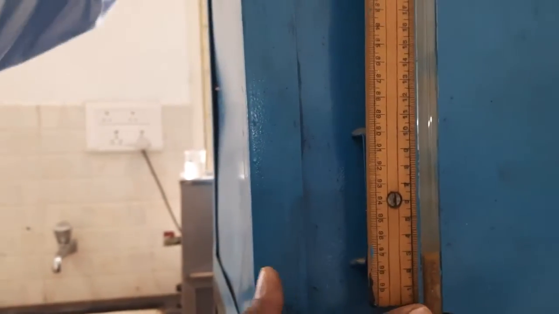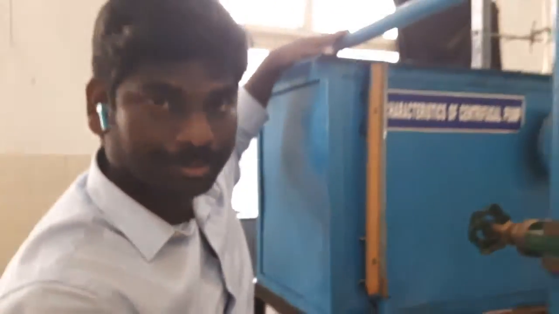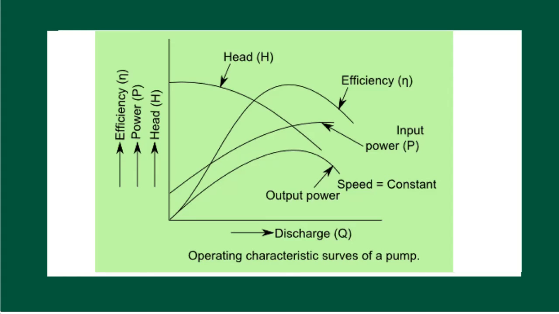After taking the readings for different volumetric flow rates for each speed of the pump, we can plot the characteristic curves. After calculating the input power, the efficiency, and the head developed, we can plot head versus discharge, efficiency versus discharge, and input power versus discharge.